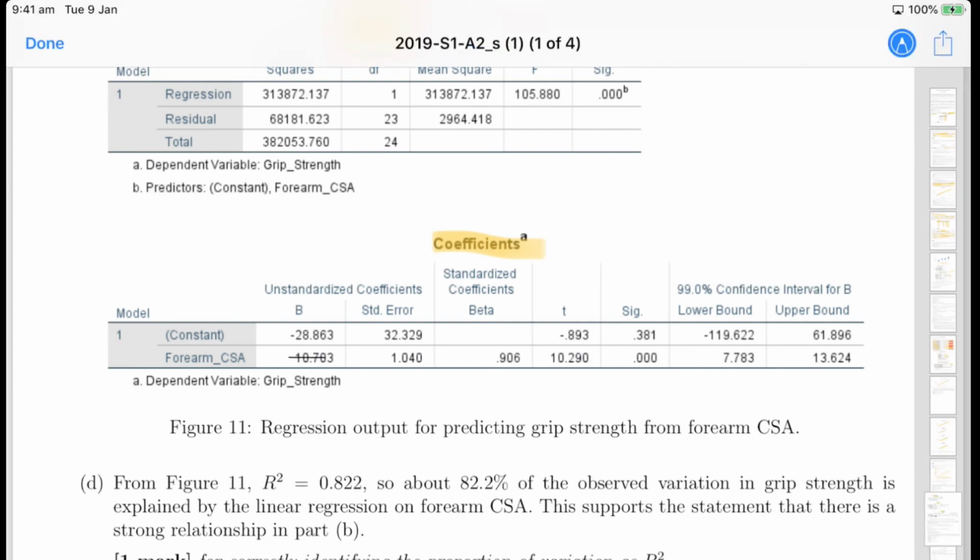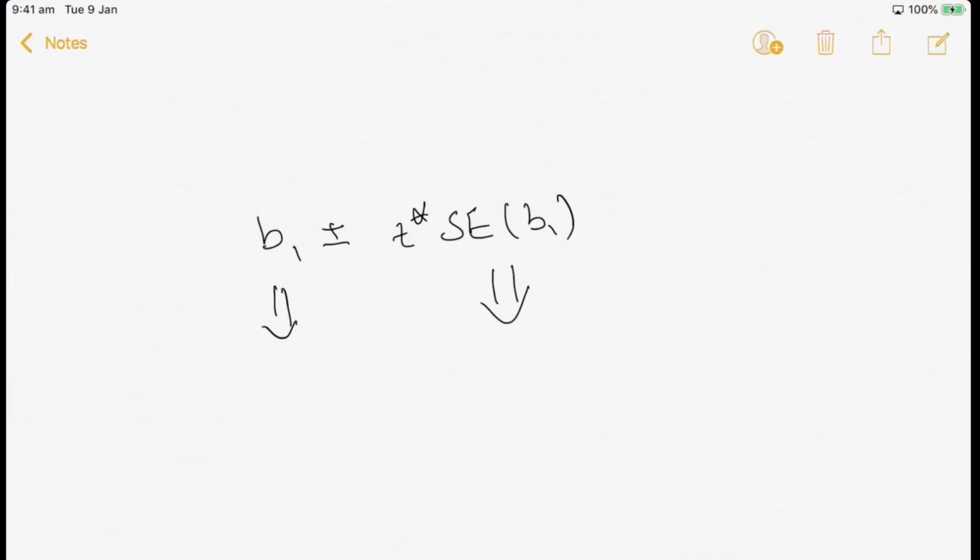Here is the B1 and here is the standard error of B1. So you replace these two values and you can find the T star value based on the confidence interval that we want. We are looking for a 99% confidence interval.